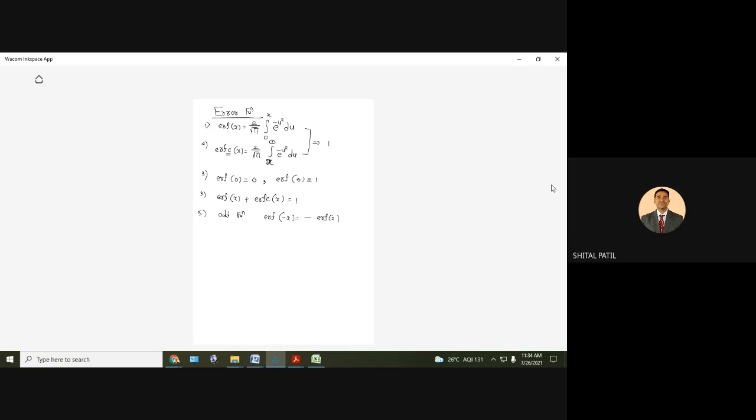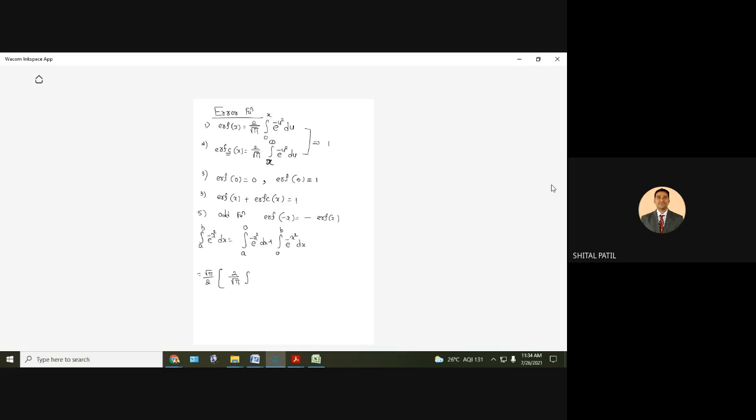The examples were of this type. It is asked to write the answer in terms of error function. So a to b. Simple example, e raised minus x square dx. So we divided the integral into two parts. Then this is multiplied by 2 by root pi. 2 by root pi.